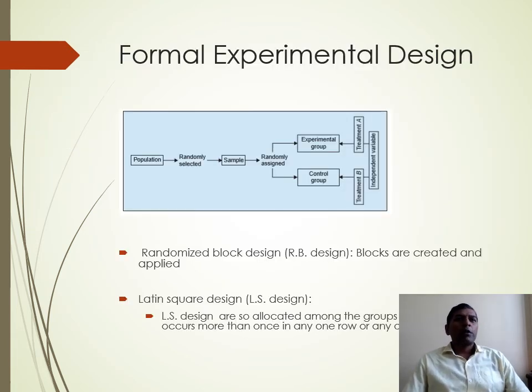We have formal experimental design. The first one is RB design, randomized block design. In this randomized block design, we have the population, meaning a data set, which will be applied to the experimentation.